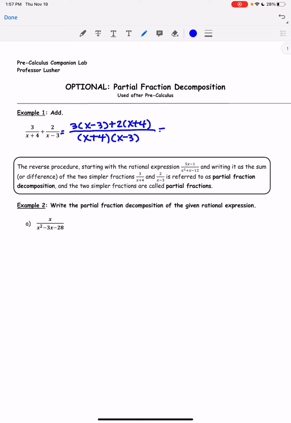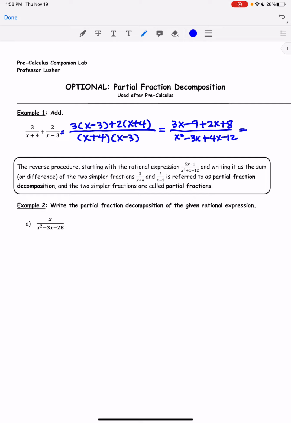On the top, I can distribute. So I've got 3x minus 3. Distribute the 2, so plus 2x plus 8. All over, we're going to FOIL on the bottom. I'm going to get x squared minus 3x plus 4x minus 12.